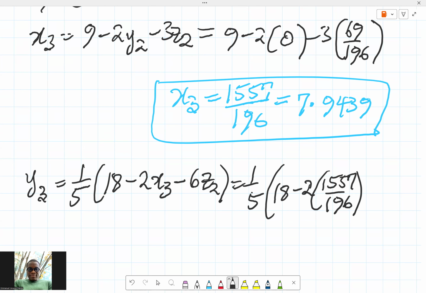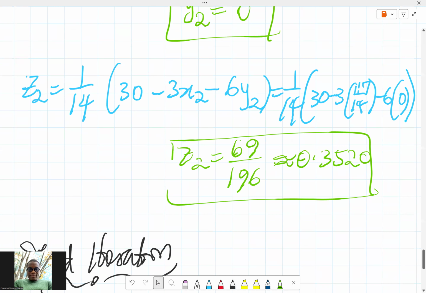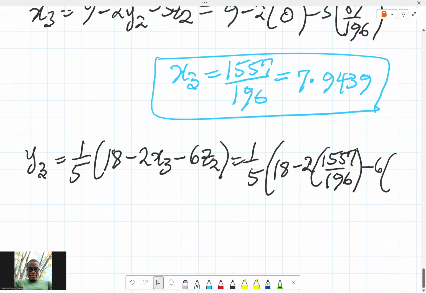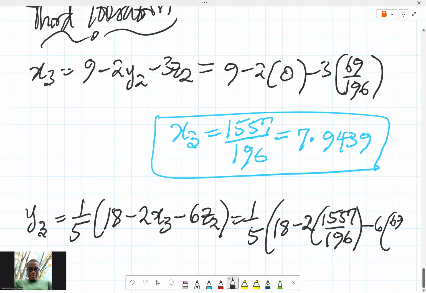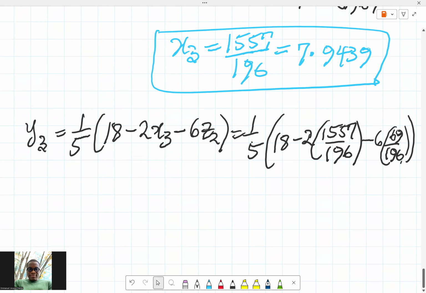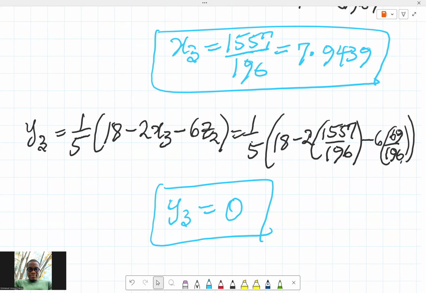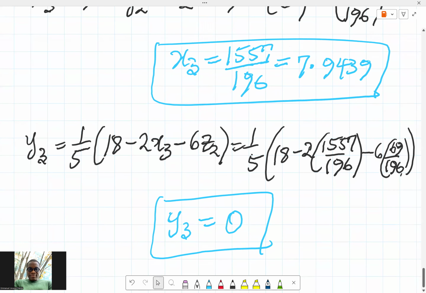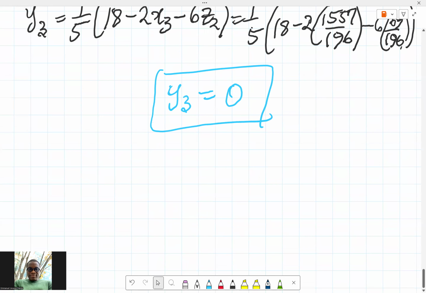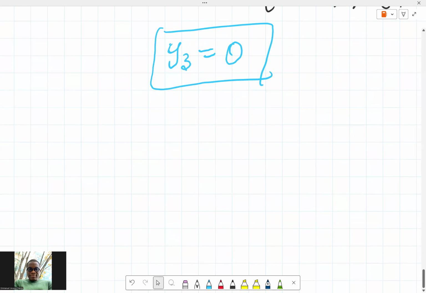I like to use fractions, but feel free to use decimals. That's why I also supplied that. So z2 is 69 over 196, or you can use the decimal 0.3520. Punch your calculator well, and y3 is 0. So you can see that one has already converged, whereas x3 is dropping to meet 7.2, while z is increasing to meet 0.6.